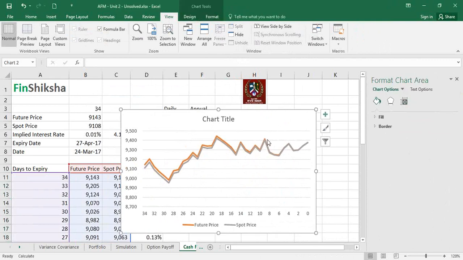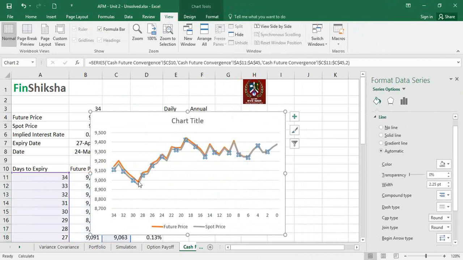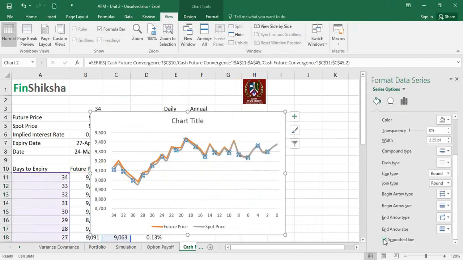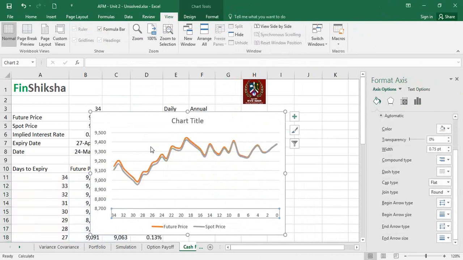That's what we see, and you see that at the end it all converges to the same value. What I can do is I can make this a little bit better looking, so I can make it a smooth line, and similarly I can select the orange segment and make it a smooth line, so it becomes more curvy in nature and we are able to spot that slightly better.